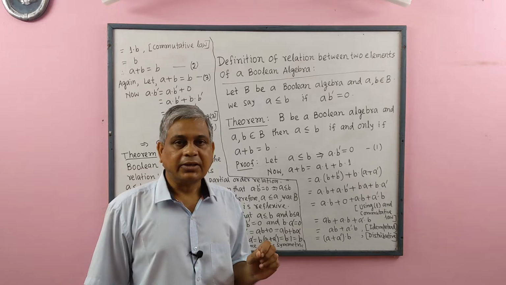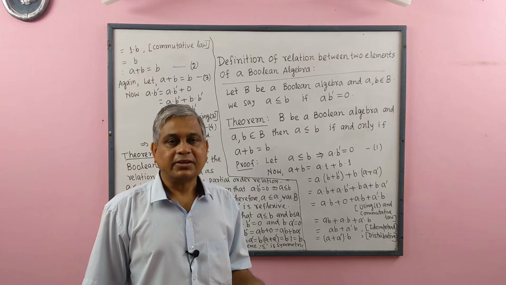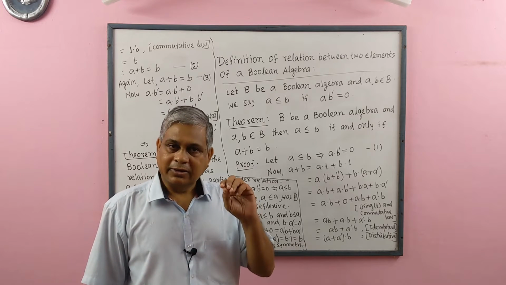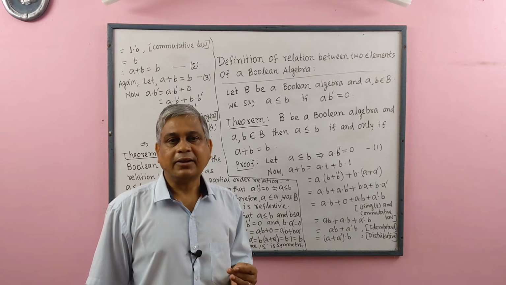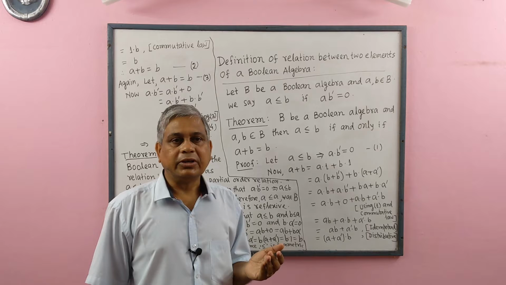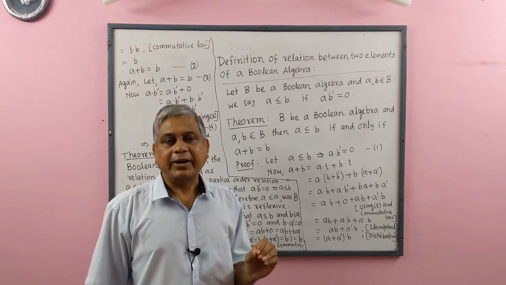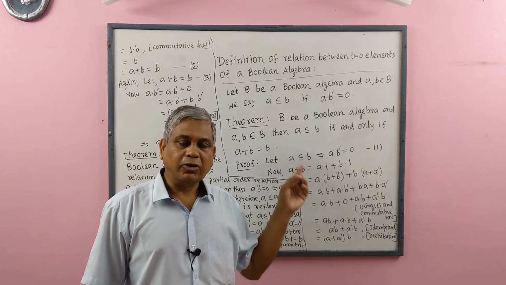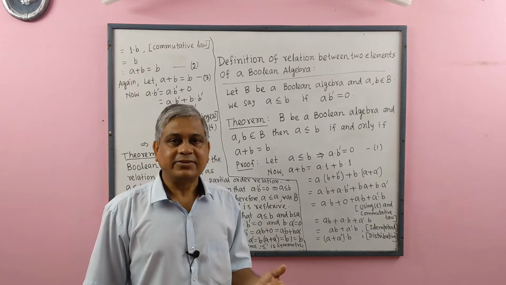For this, the relation between two elements is to be defined. This relation should be a partial order relation, and then we try to show that this partial order relation on Boolean algebra helps to define a lattice.